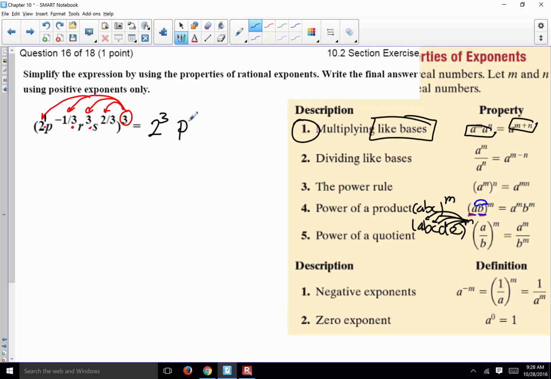Next, p to the minus 1 over 3 times 3. I multiply each power by 3. Okay? That's how you combine double powers. When this 3 moves into every power, it creates double.